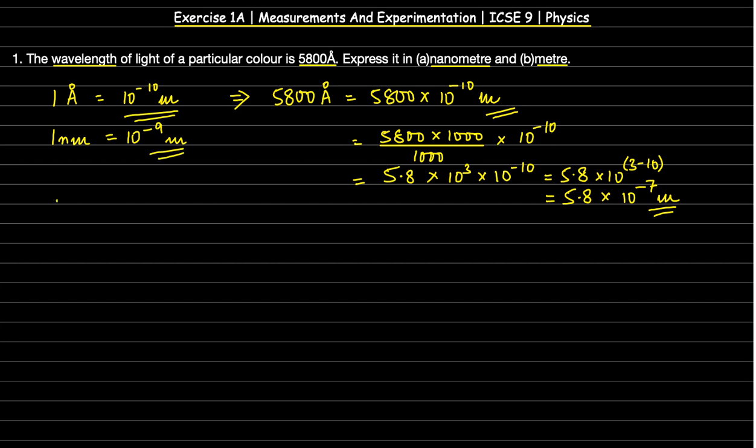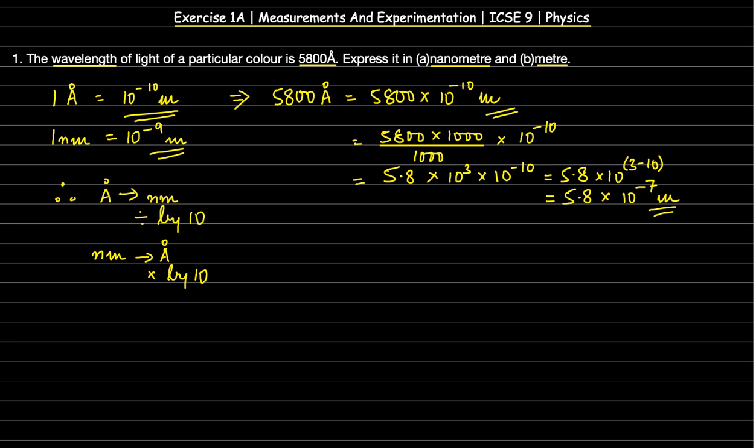Therefore, when we are converting from Angstrom to nanometer, we would be dividing by 10. If we are doing the other way around, that is nanometer to Angstrom, we would multiply by 10.